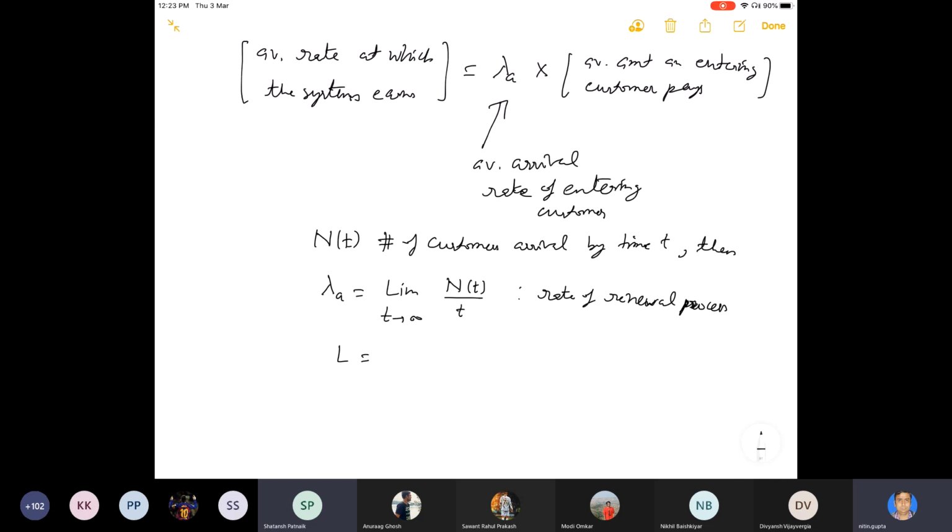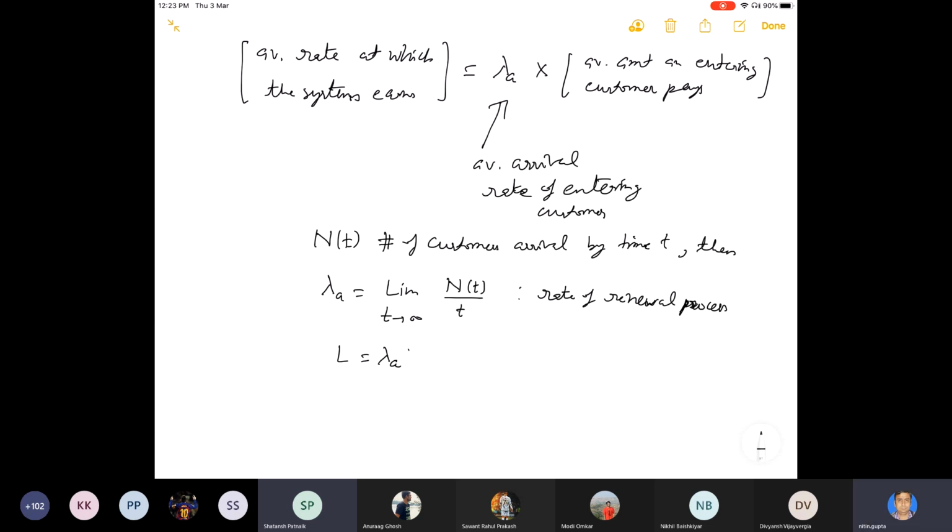L is the average number of customers in the queuing system. This is equal to lambda A, the average arrival rate, into the average amount an entering customer pays. What the customer pays here is the time.